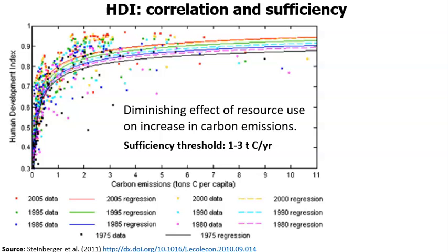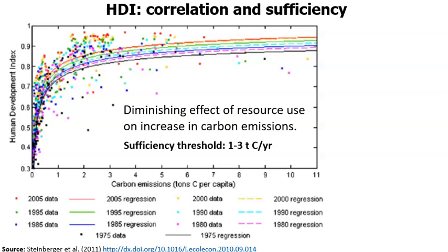Interestingly, we have the same finding for carbon emissions. So as we have very low levels of human development, more carbon emissions, at least empirically, mean huge improvements in the Human Development Index, because we need carbon emissions from the fossil fuels to provide energy, to provide services.